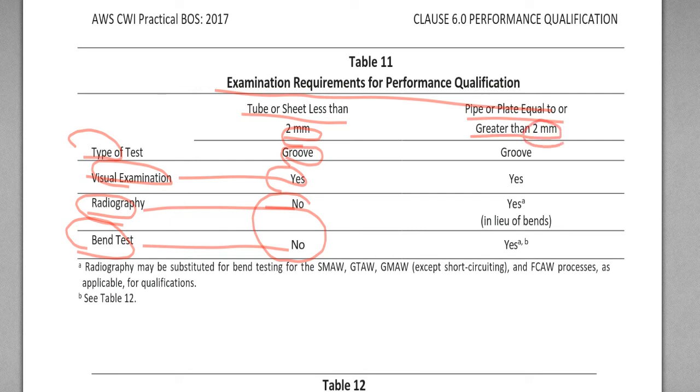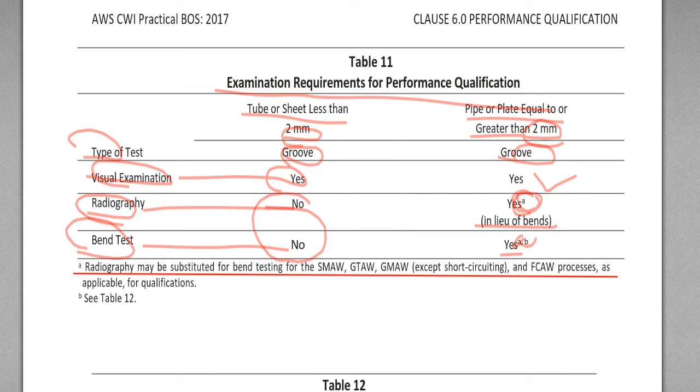The visual examination for groove weld is required, and RT is required, but note A. Let's see note A, and bend test is yes, but note A and B. Note A is radiography.